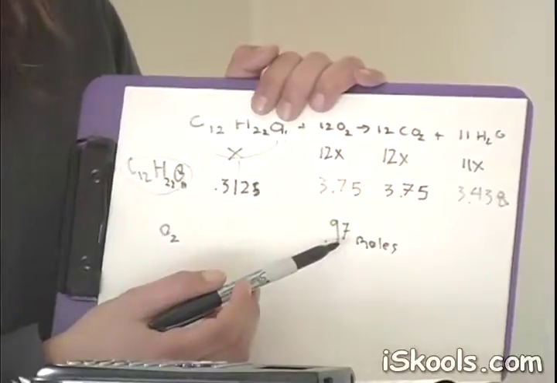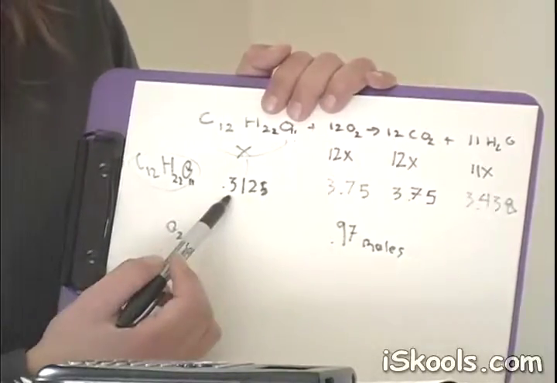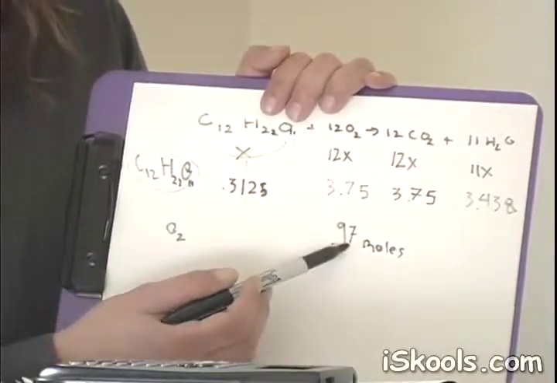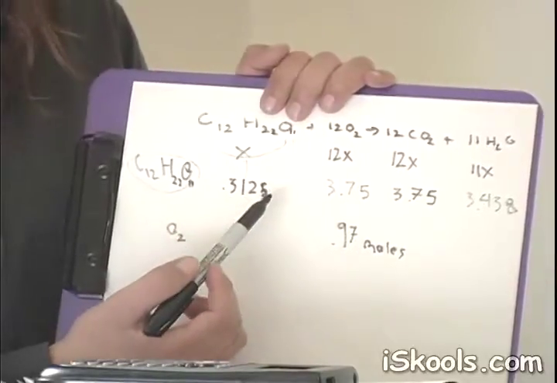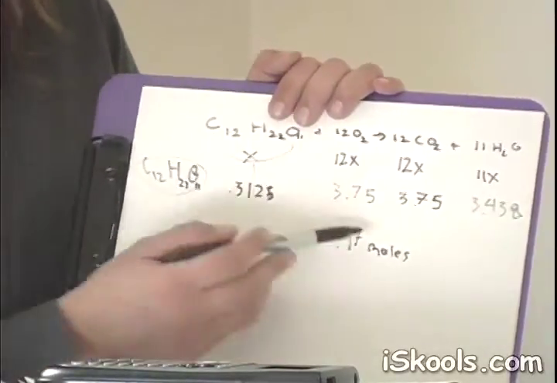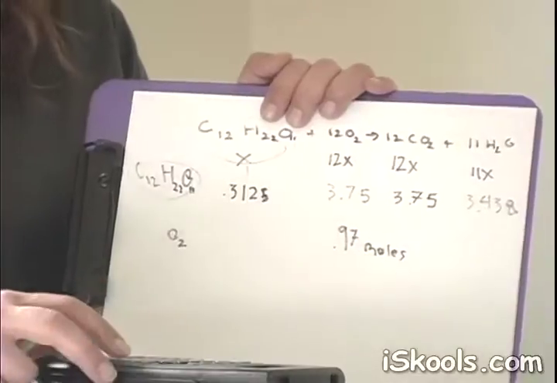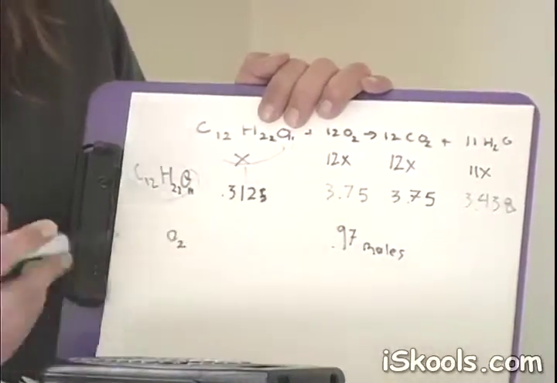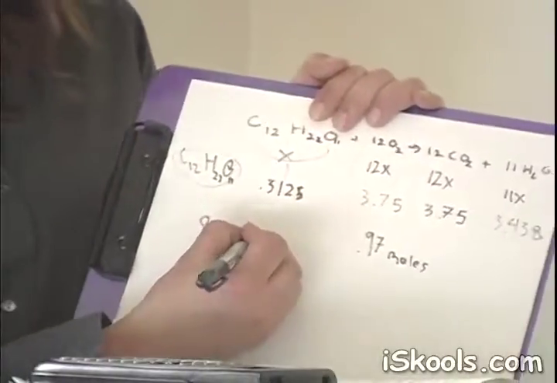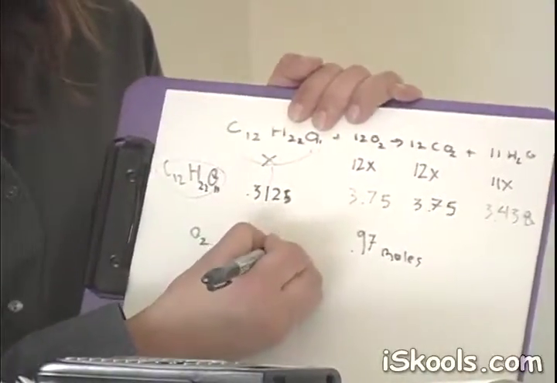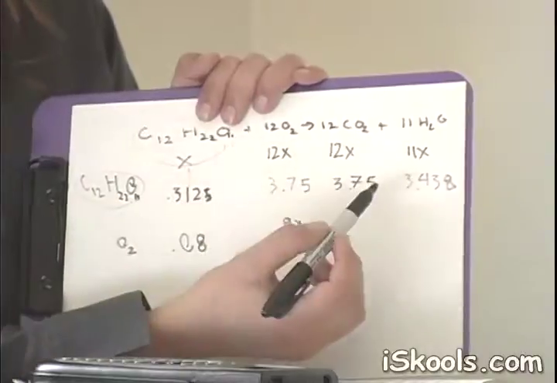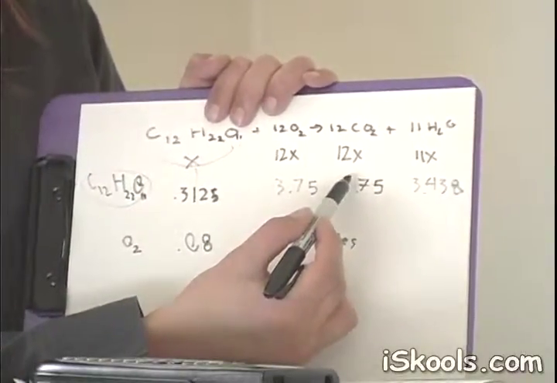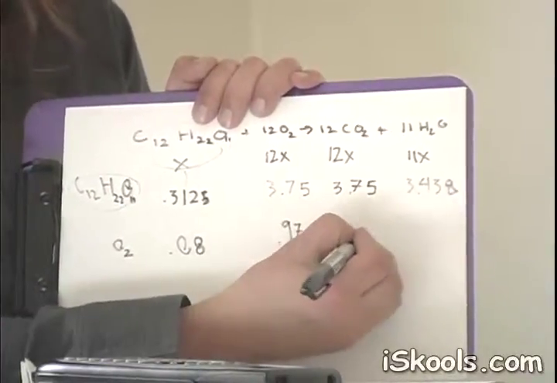So 1x no longer equals 0.3125. 0.97 equals the 12x. So if 0.97 equals 12x, then we want to divide that by 12 to obtain 1x, which would be 0.08. Then I can transfer that same number over here. 12x is still going to be the same.